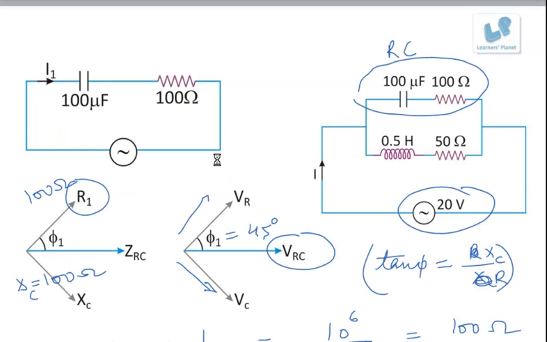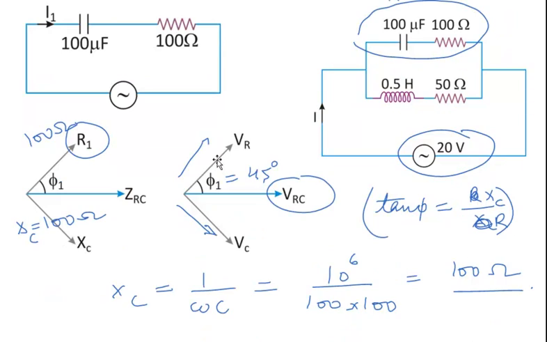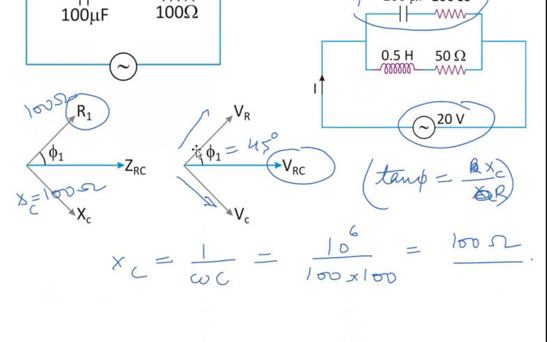Now first of all let us find out the value of I1. Value of I1, that is the RC circuit, will be given by voltage applied upon impedance Z of the RC circuit.